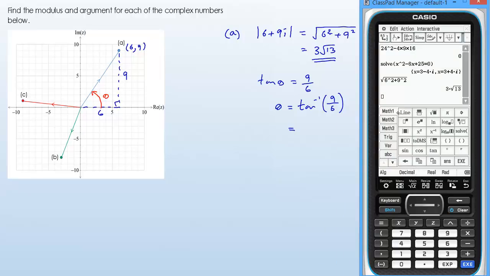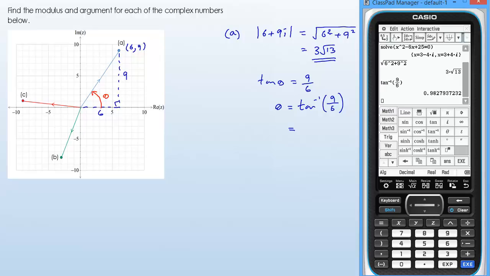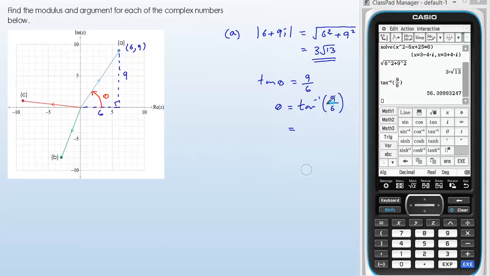Just come out of standard for a moment because we want a decimal answer here. So inverse tan 9 over 6. And that gives me, I'm in radians, go to degrees, 56.3 degrees.